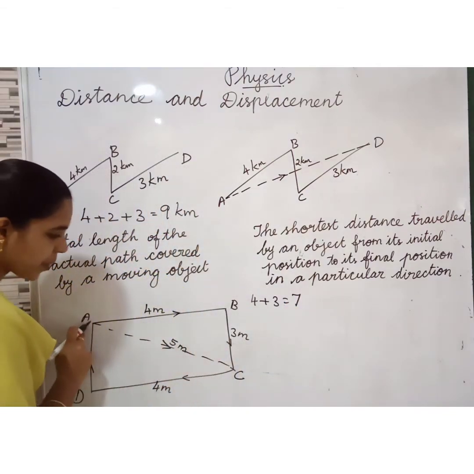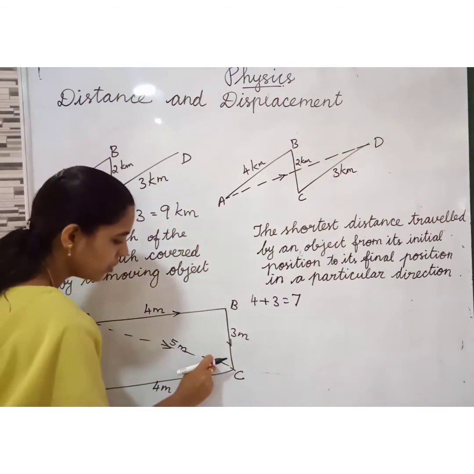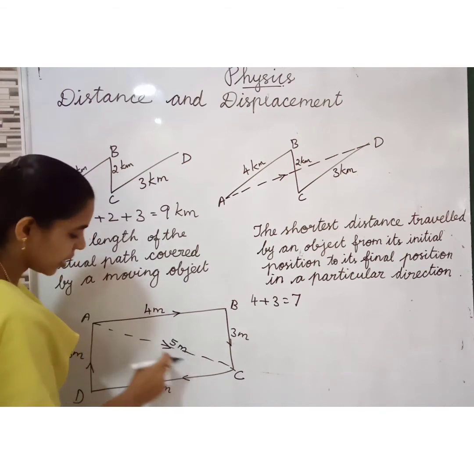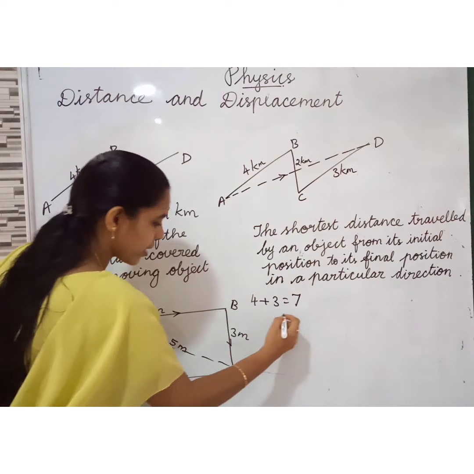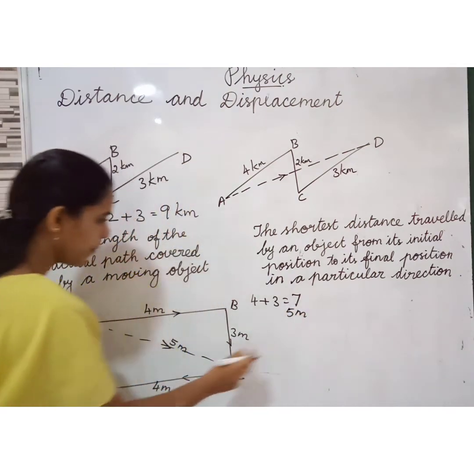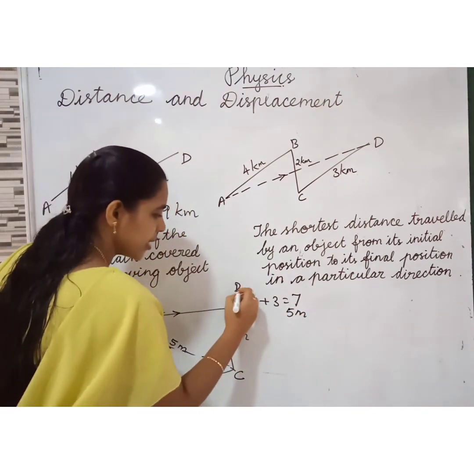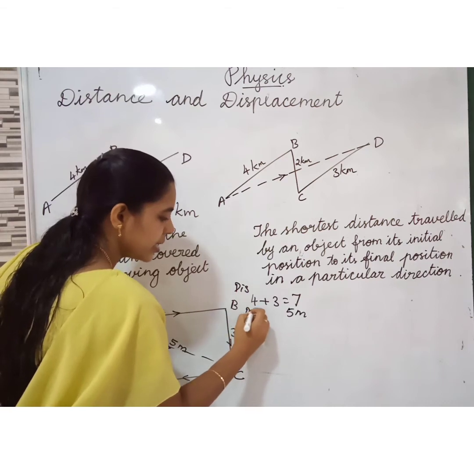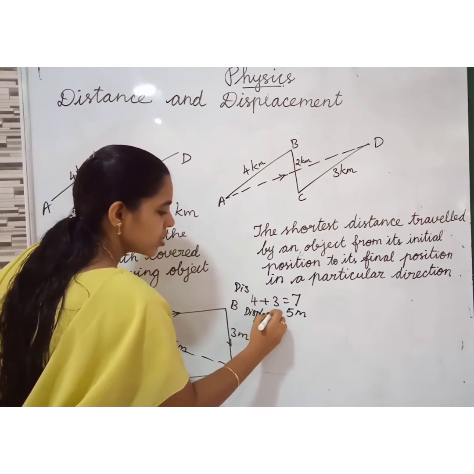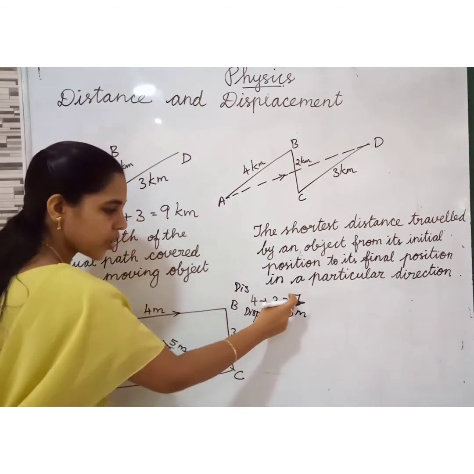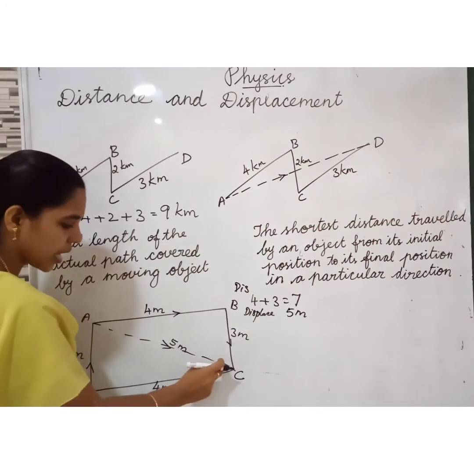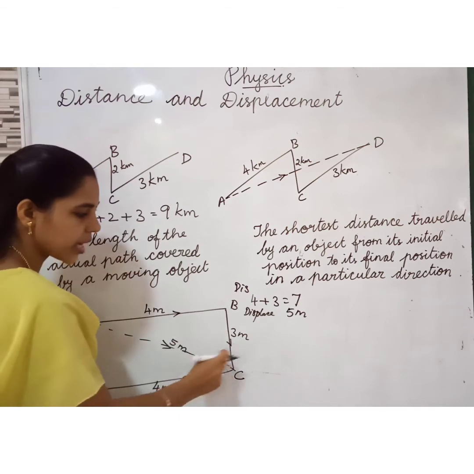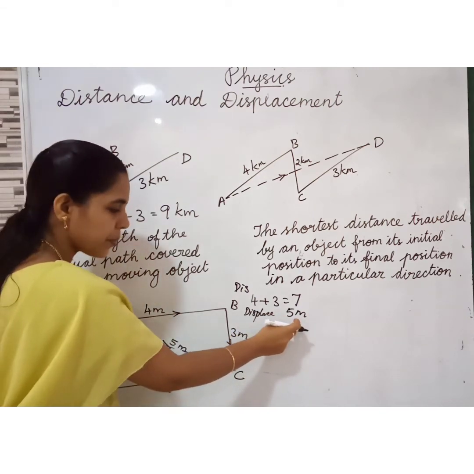Displacement means from A to C it will move the shortest distance, and it has direction. So this is the distance, this is the displacement. Distance is 4 plus 3 equals 7. Displacement from A to C is only 5 meters.